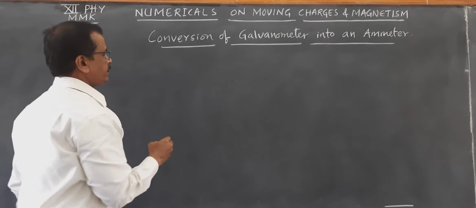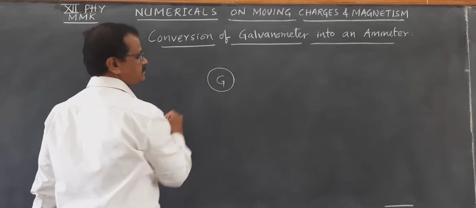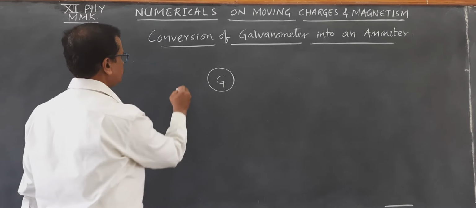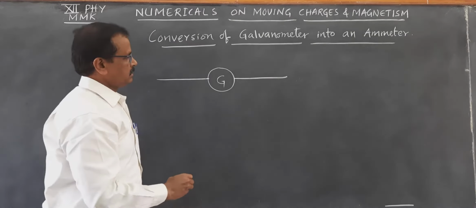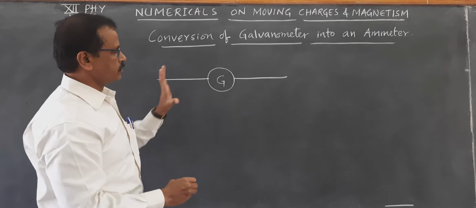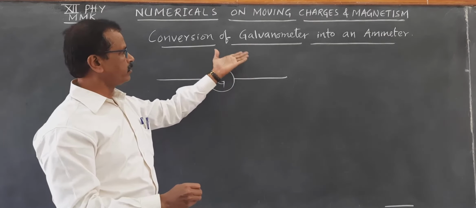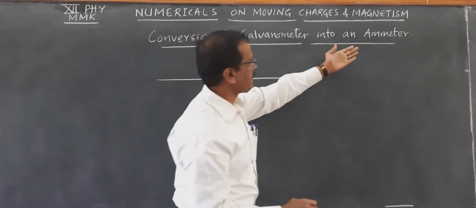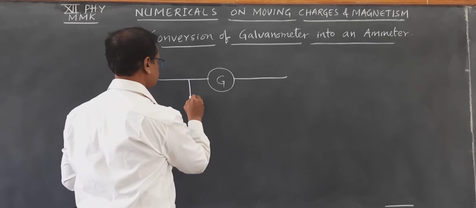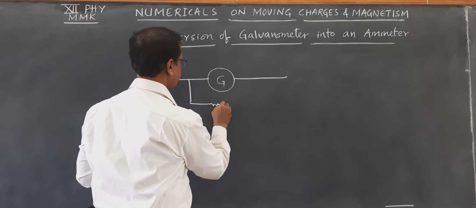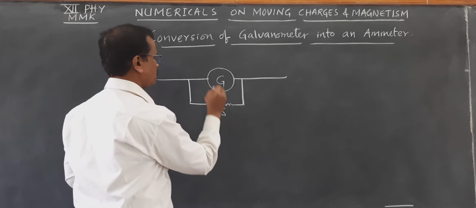So symbolically, a galvanometer is represented by G like this, where G is the resistance of the galvanometer, and this is how it will have its two terminals. Now the modified galvanometer, which we are going to call an ammeter, should have minimum resistance. Therefore, it is connected with a low resistance in parallel. The low resistance connected in parallel is called a shunt.